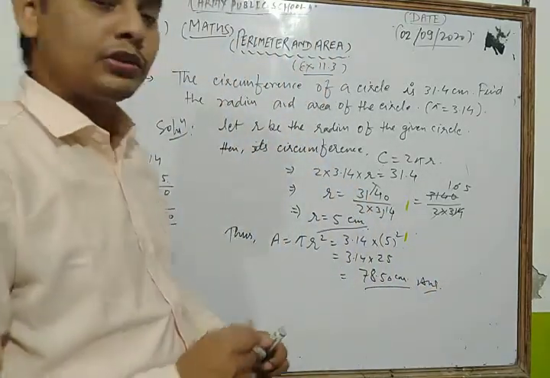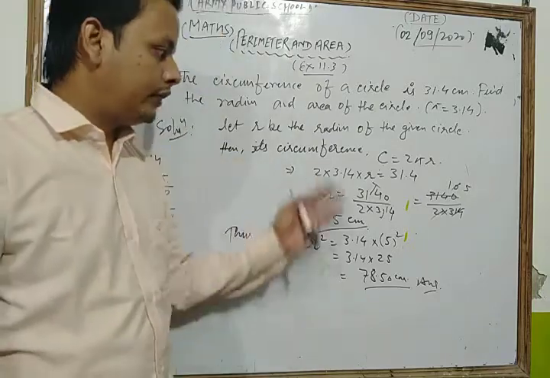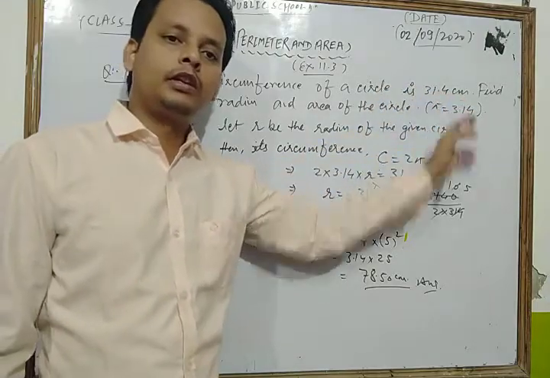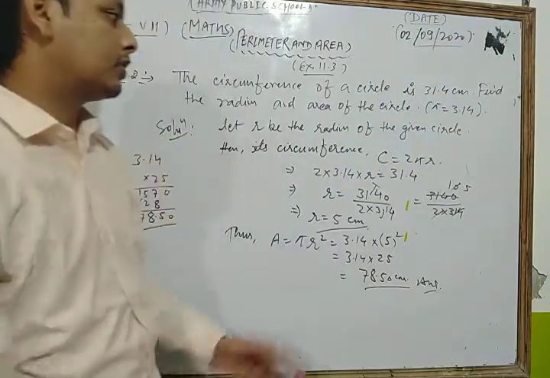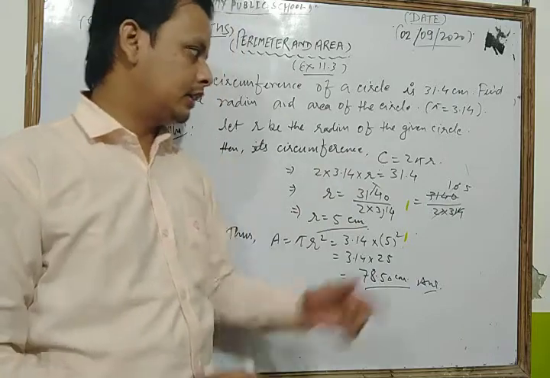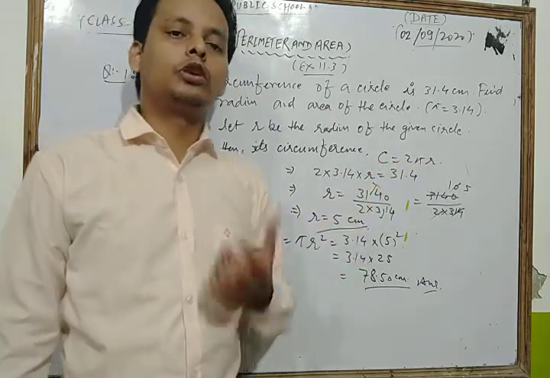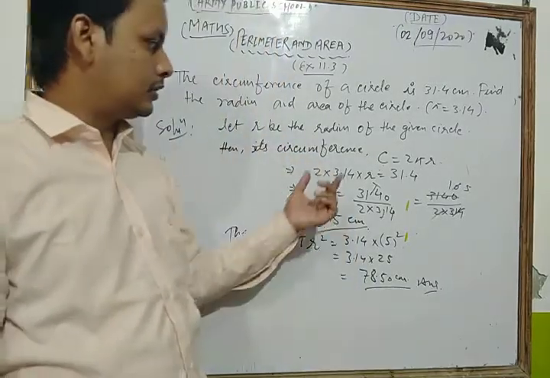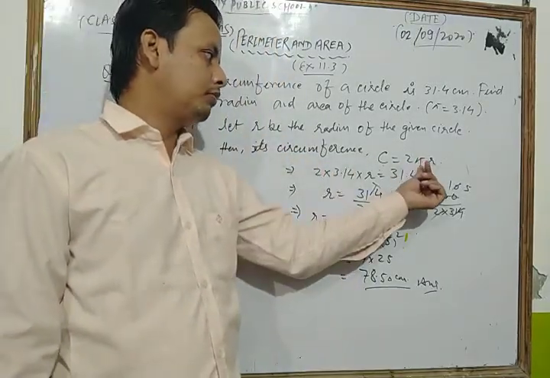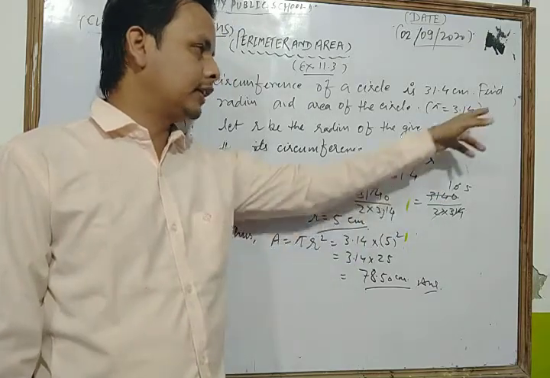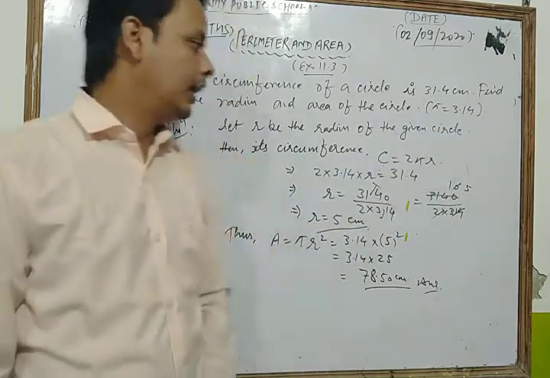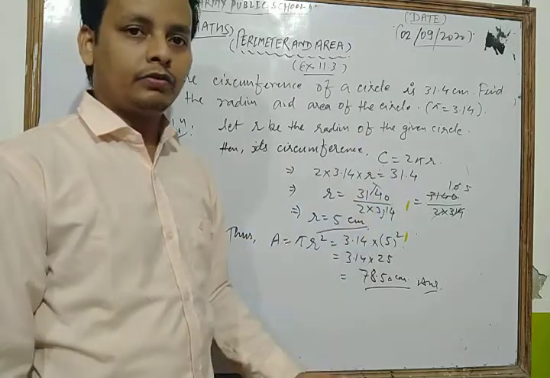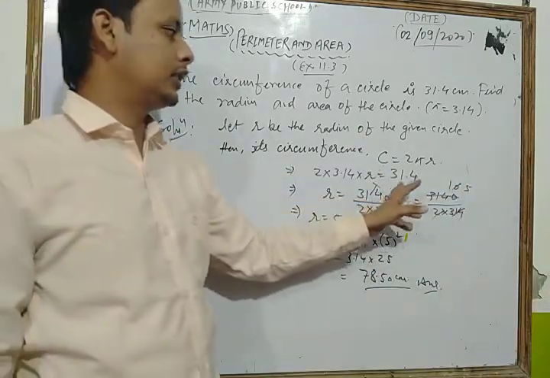So dear student, in this way we can solve this type of question. In this question the circumference is given, so first of all we let r be the radius of the given circle, then we write C is equal to 2 pi r, because C is the circumference of the given circle. Now we put 2 as it is, the value of pi as 3.14, and r as it is, because we have to find the radius, equal to 31.4.